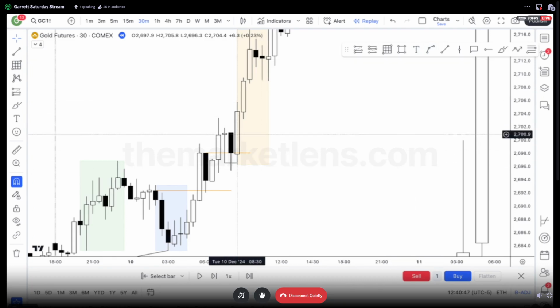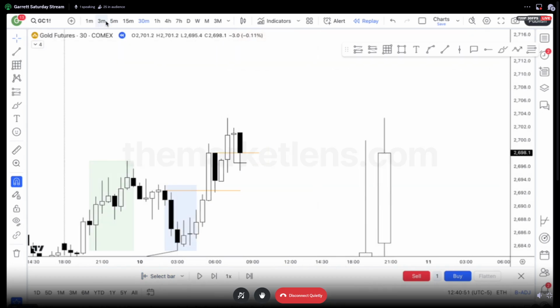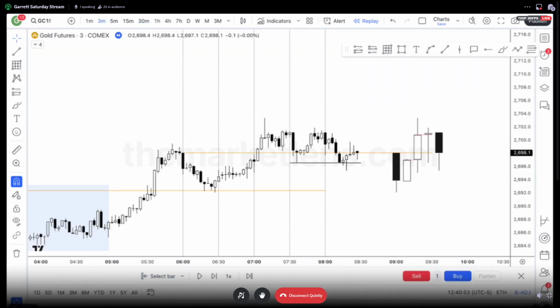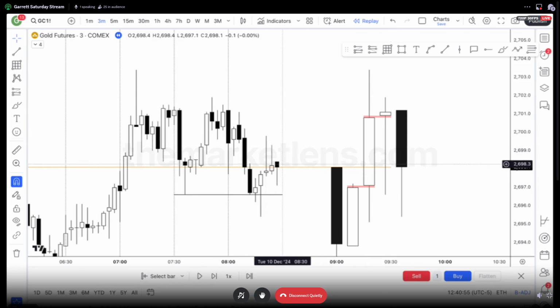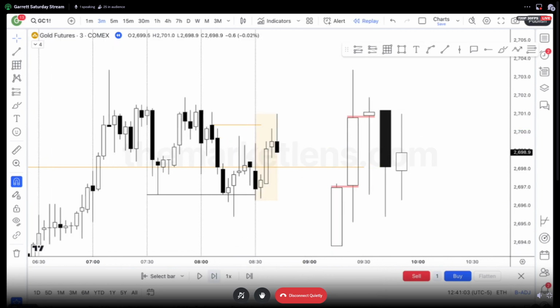So this is where you want to look for 30-minute or 3-minute fractal models, or 15-minute, 1-minute, stuff like that, right? So here you would need it to close above here, right? To trade this fractal model. Right, so you get it there. So this is a valid entry to take, right?